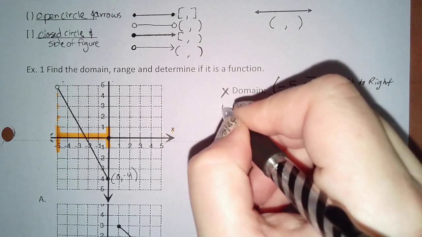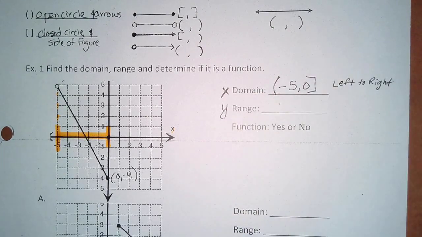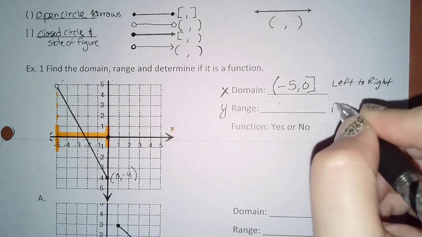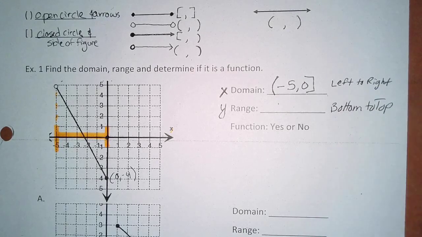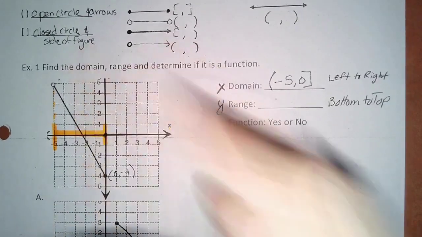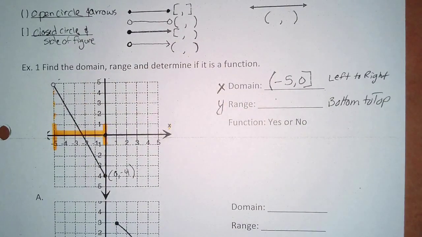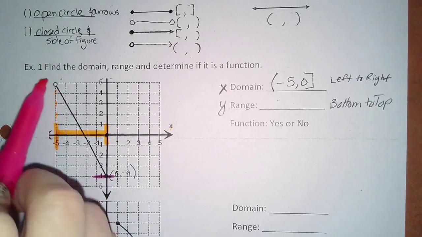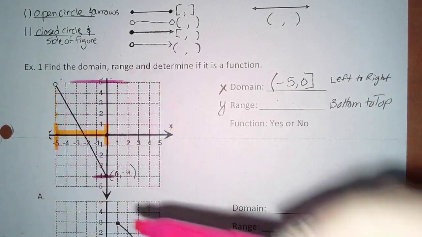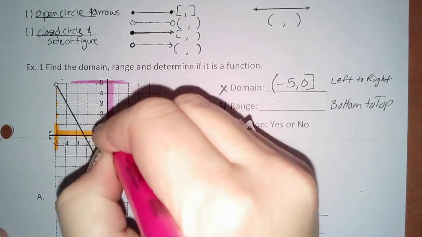Now for our range, we're looking at the y values. So we're thinking bottom to top, because we're going from smallest numbers to the highest. So I'll grab a second color. So here's my lowest number, -4. And here's my highest point. So I'm going to include every number between these.